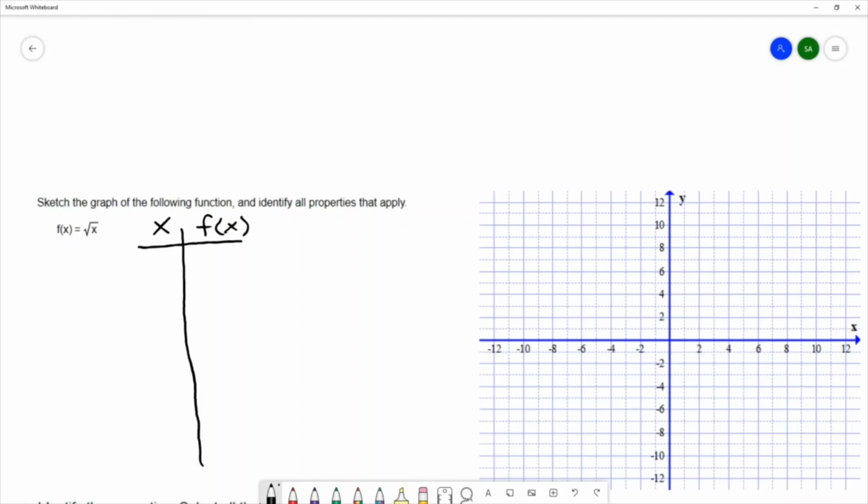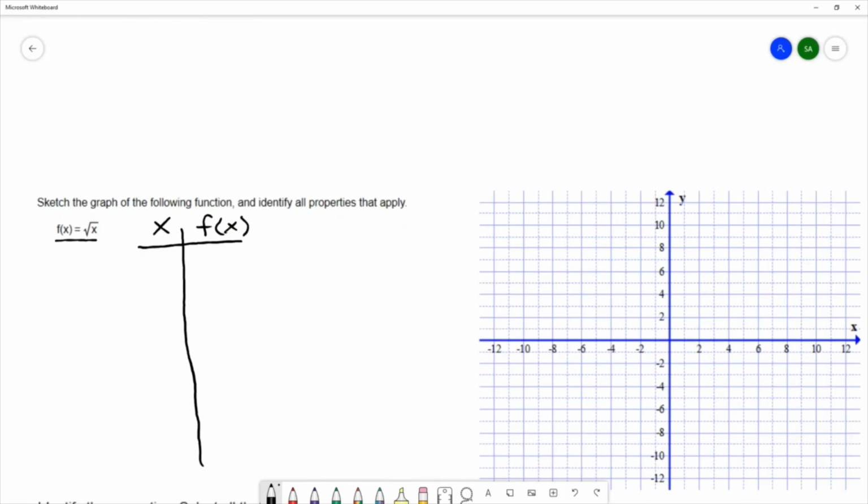The standard set that I typically choose is -2, -1, 0, 1, and 2. But because our function is f of x equals square root x, I know that the square root is only defined for non-negative values of x.